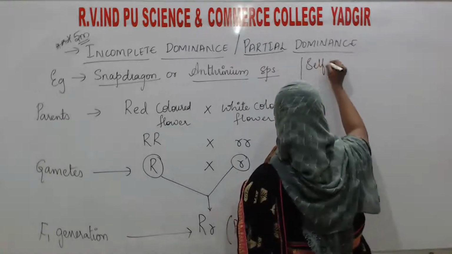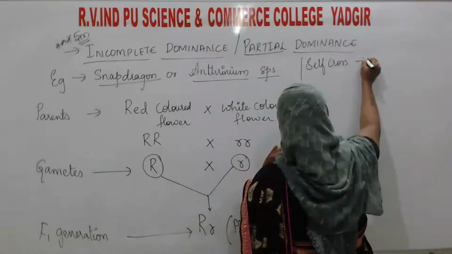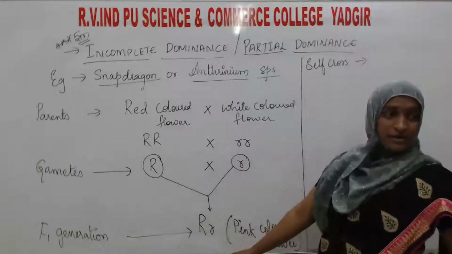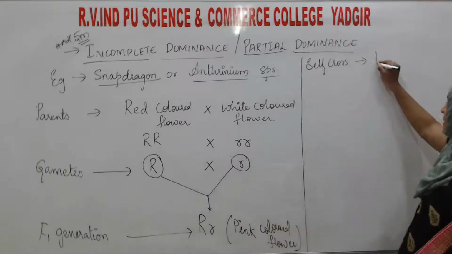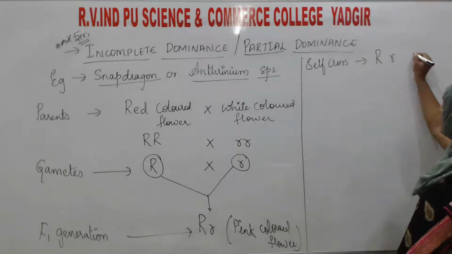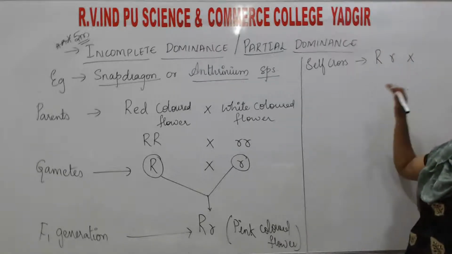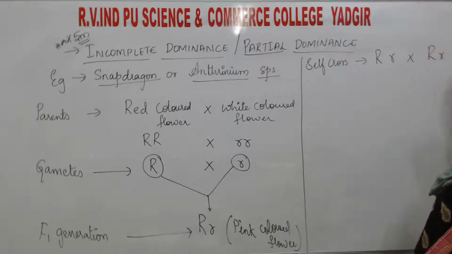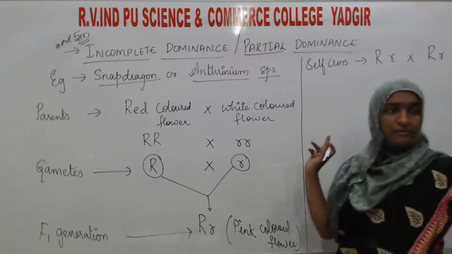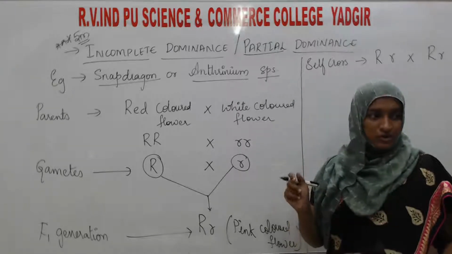Self cross. Whatever F1 generation offspring we got, that is capital R, small r, it has to cross with the same plant, capital R, small r. So we can call this the self cross.